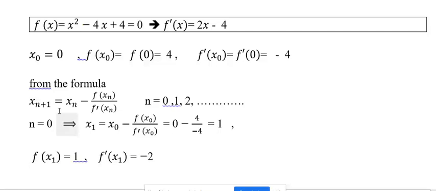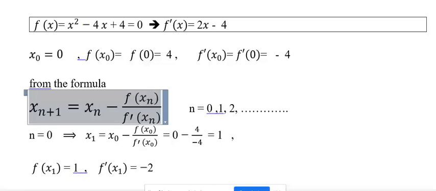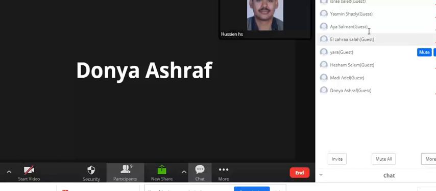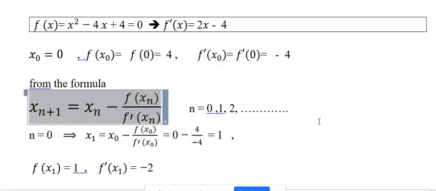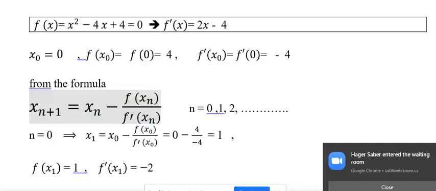The next step, we put n equal 1 in the formula of the rule. And let us see another student, Yasmin Shazli. Please put n equal 1 in the Newton formula and tell me the new iteration formula.